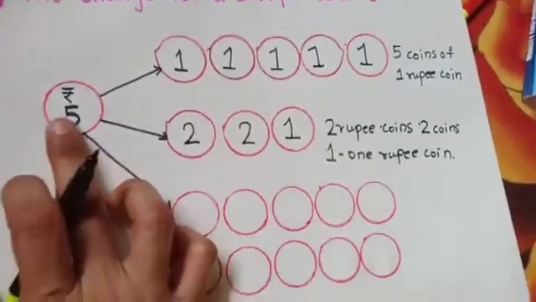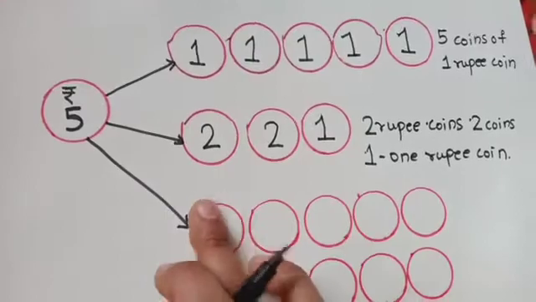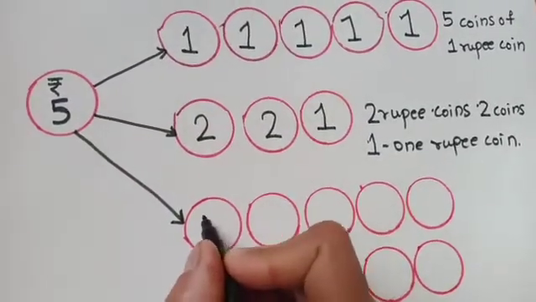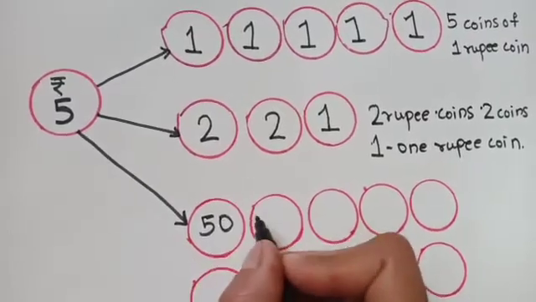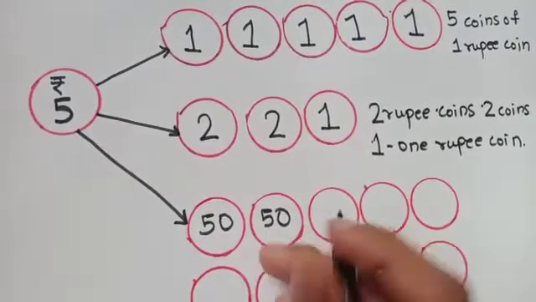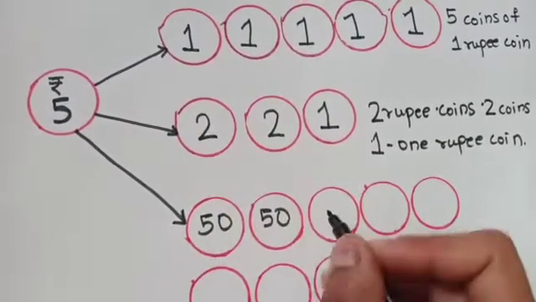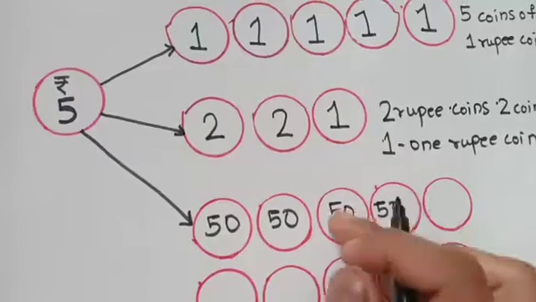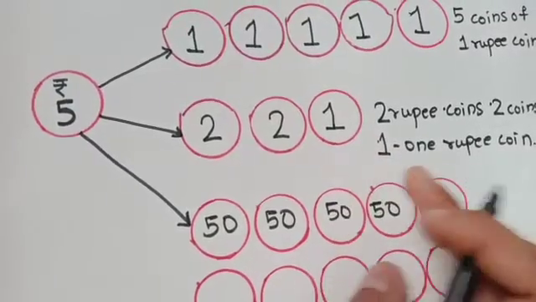Or else what can we do? We can give 50 paise coins. How many? See, 1, 2. How much has it become? 1 rupee. Now again 50 plus 50, 1 rupee.